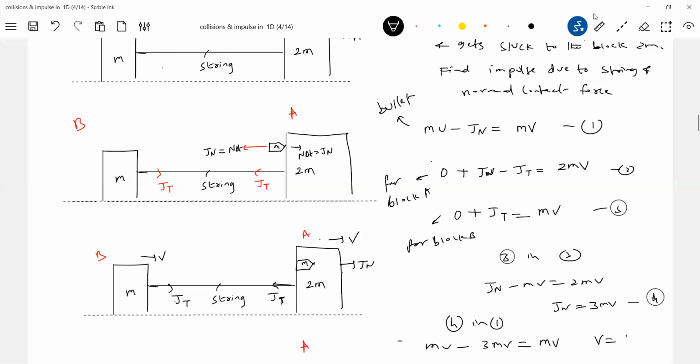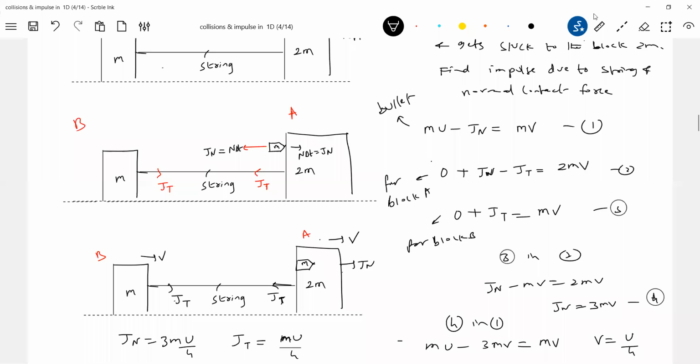So what is v final equal to? u by 4. Now I know v. So can I calculate the impulse due to normal contact? Jn equal to 3mu by 4. Then what is the impulse due to tension? Jt is equal to mv, so this will be mu by 4.